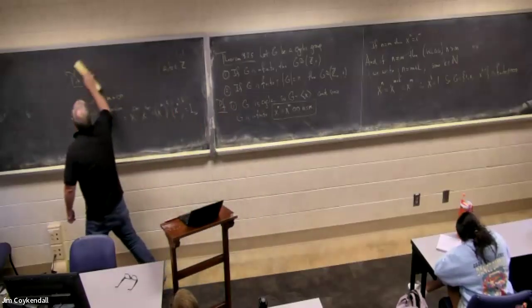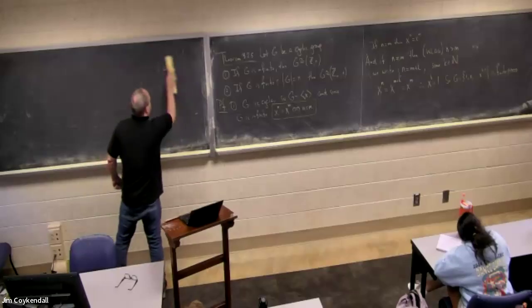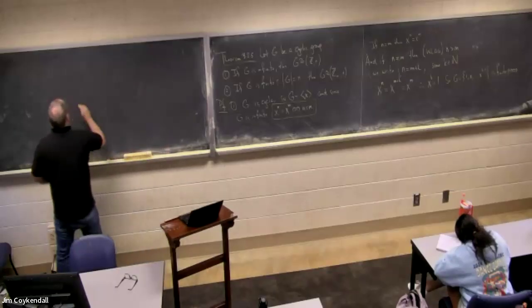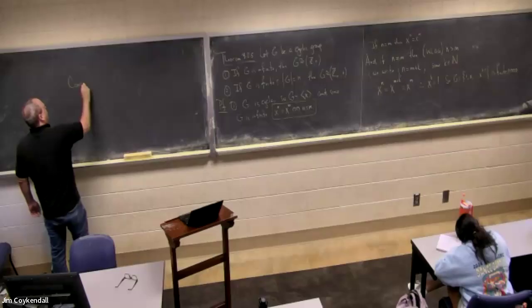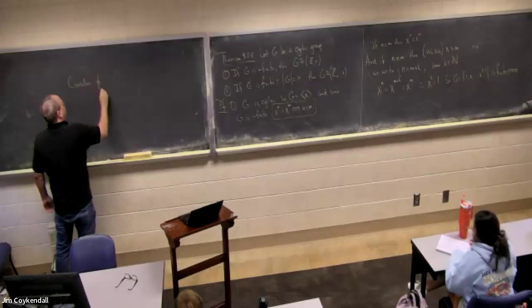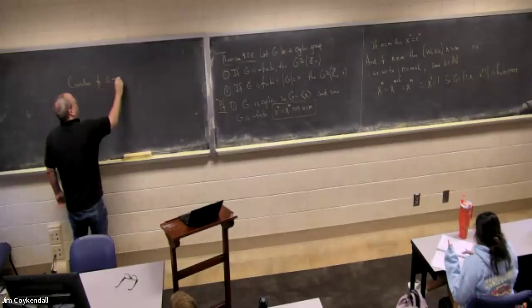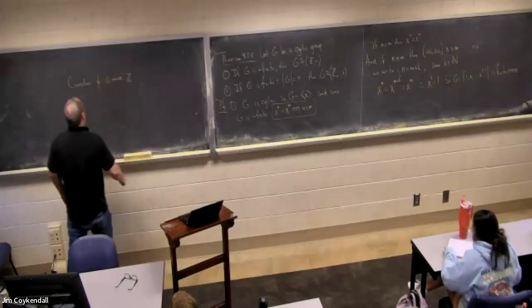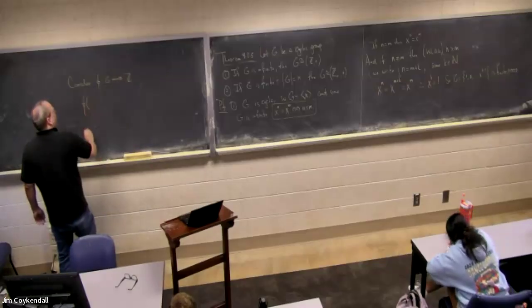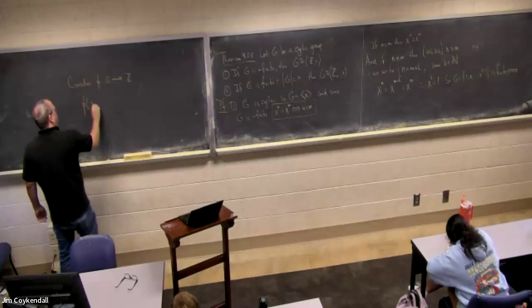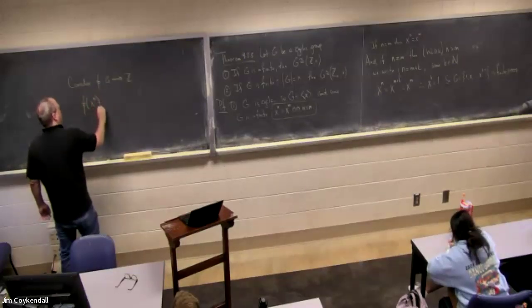And that's kind of going to do it for us because consider phi from G into Z given by phi of x to the n equals n.